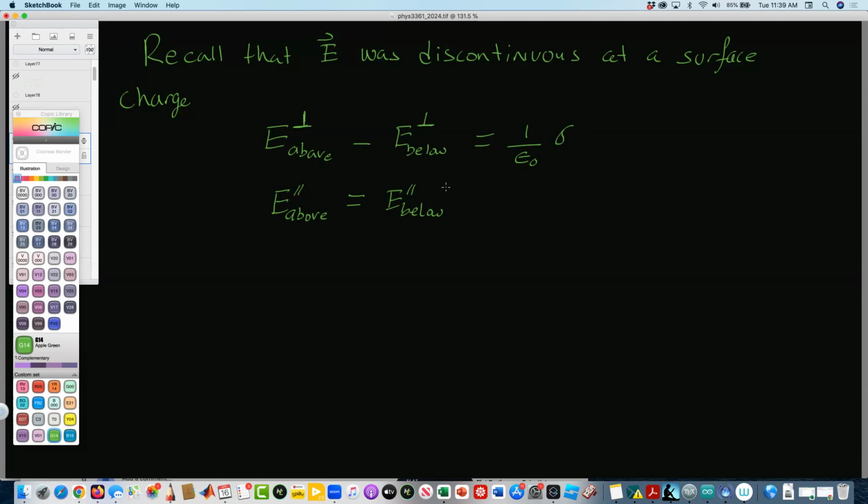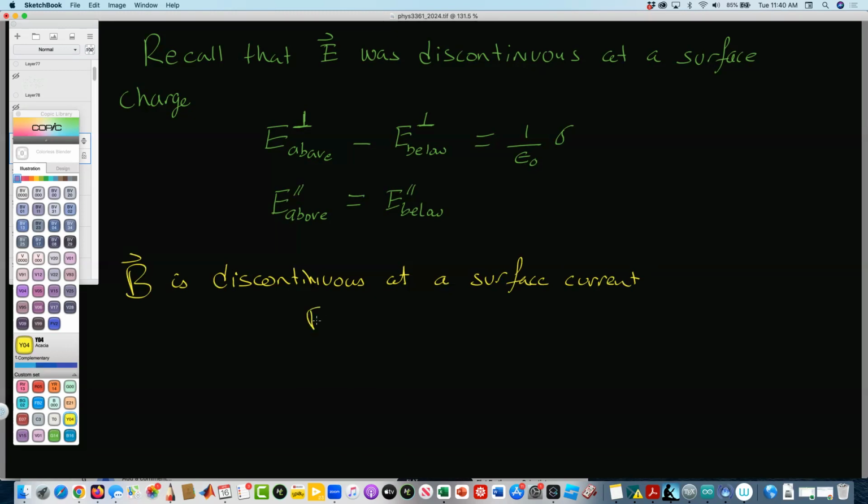Now B is discontinuous at a surface current. Okay. But it's a little different. Of course B is going to be different, right?